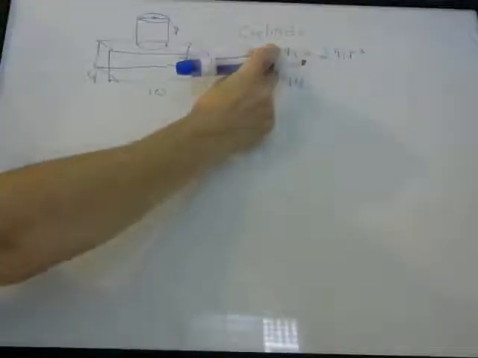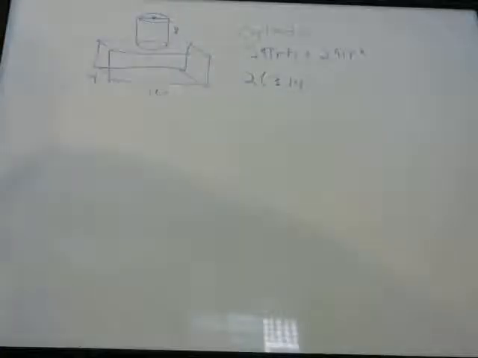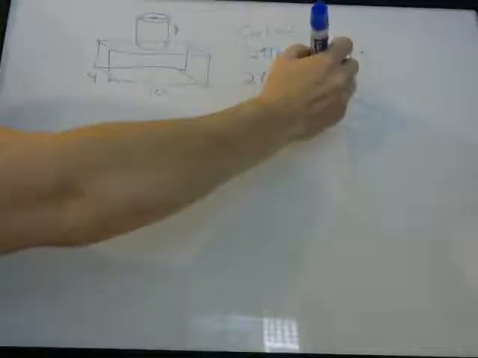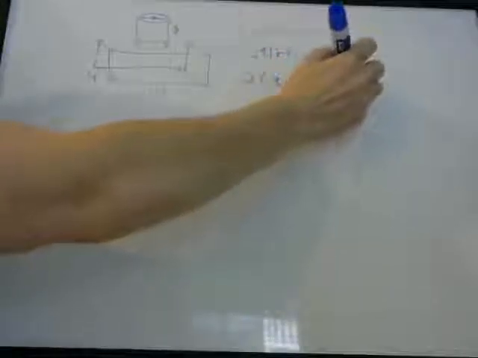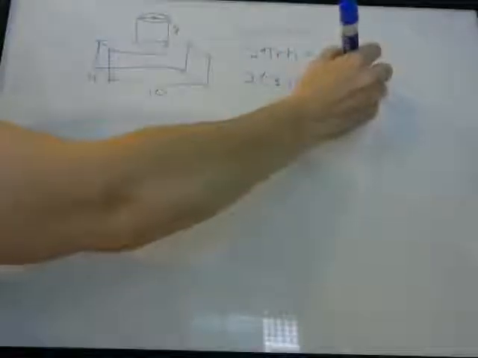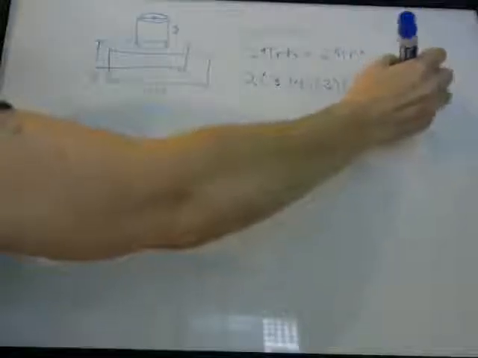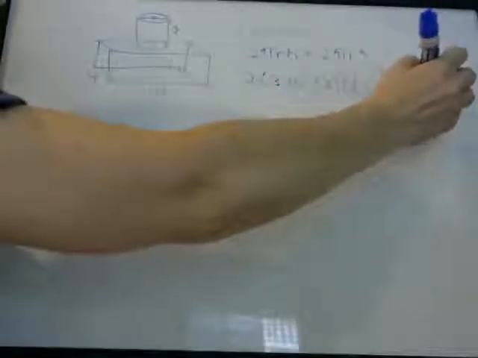What's r? I gave you the diameter, which is 6, so the radius is 3. So be careful, because in problems like this, they might give you the diameter, but what you want is the radius, so make sure you're using the radius. The radius is half the diameter, which is 3. The height is 8. So if you put all that together and plug that into your calculator, you get 150.72.